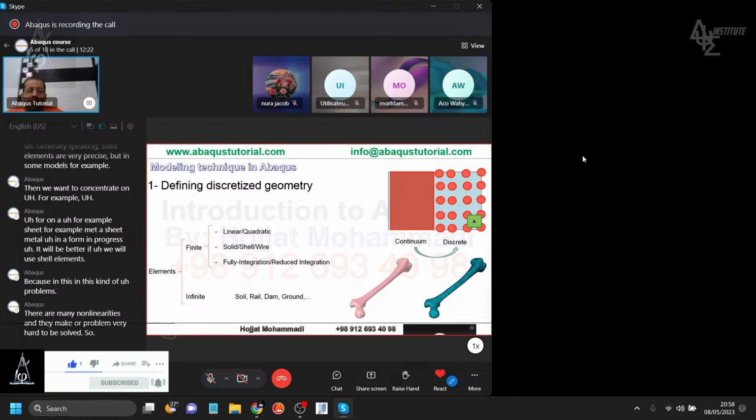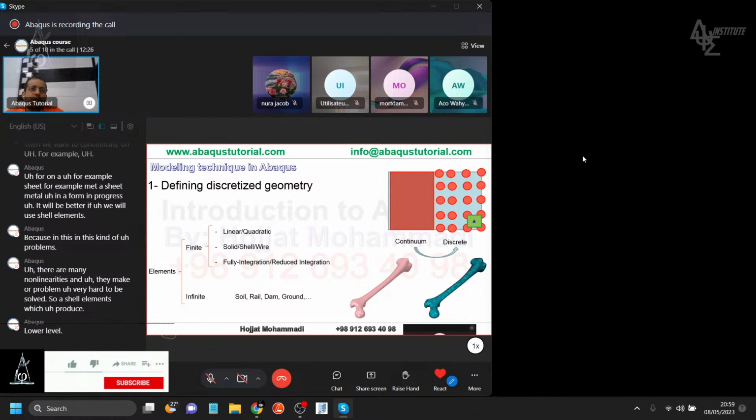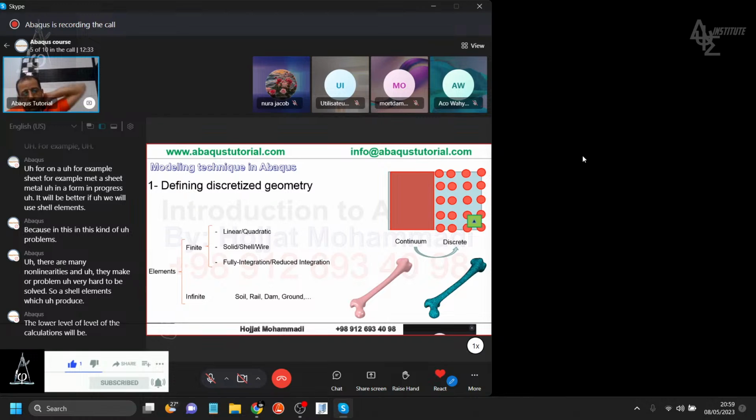So shell elements, which produce a lower level of calculations, will be the better choice.